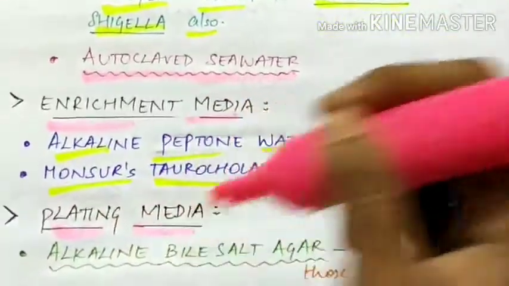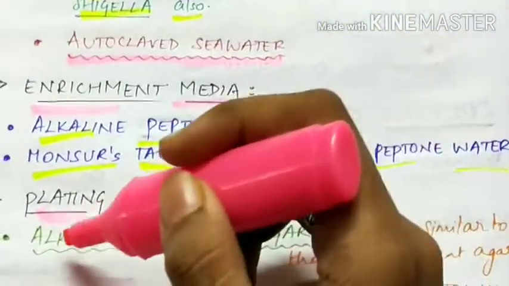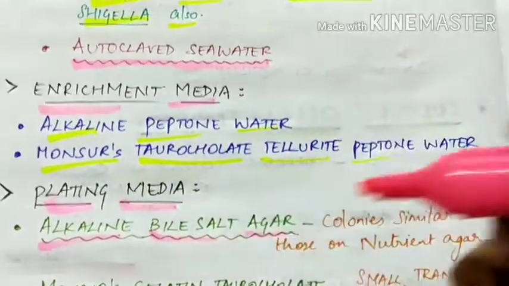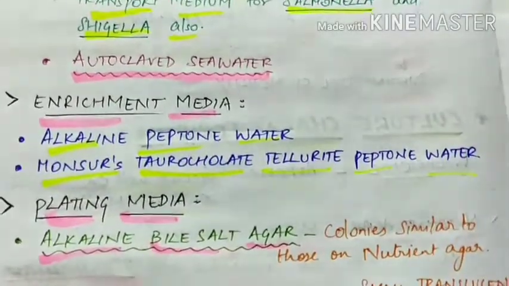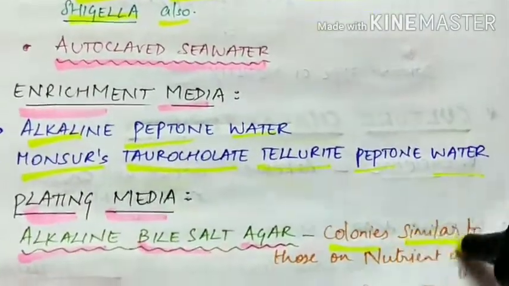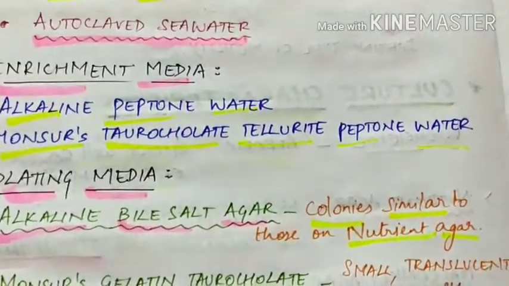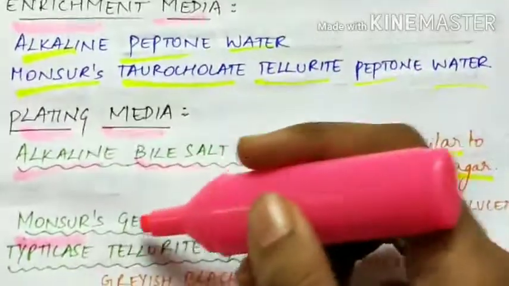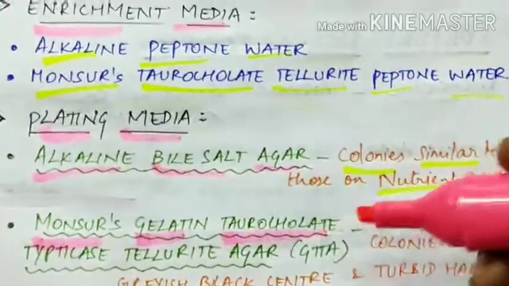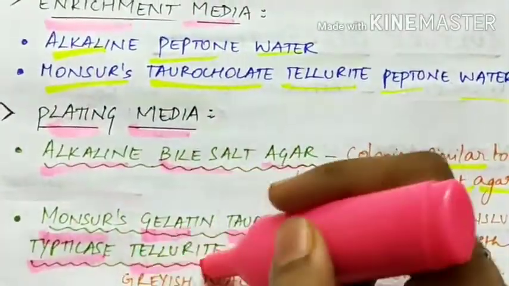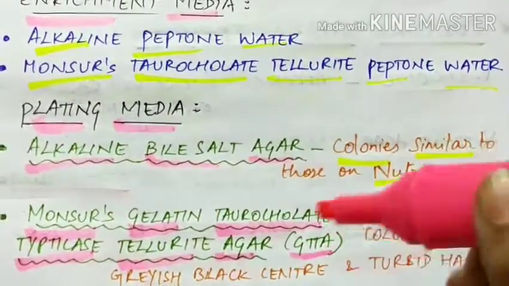Plating media. First is alkaline bile salt agar. Here the colonies produced are similar to those on nutrient agar. Next is Monsur's gelatin taurocholate trypticase tellurite agar, GTTA.